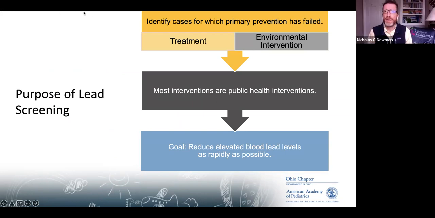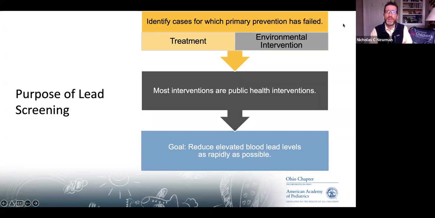Hello. The main topic of today is going to be screening or testing for lead, and basically how to get that done. But I just wanted to highlight a little bit, why do we test kids for lead? I mean, other than it being the state law, right?